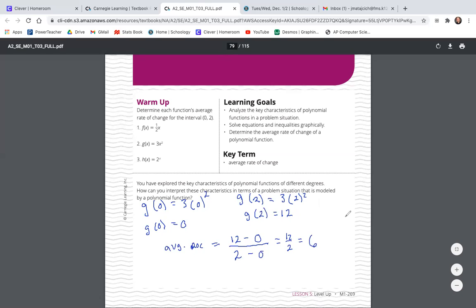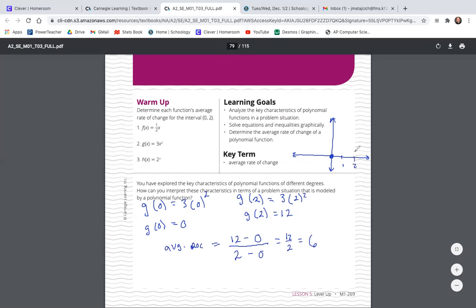Maybe I can try to graph this one a little bit. Hopefully make it a little bit more clear exactly what it is that we are finding. So we know that when I plugged in 0, the function spit out 0. So I've got a point here at 0, 0. And we go over 1, and we go over 2.